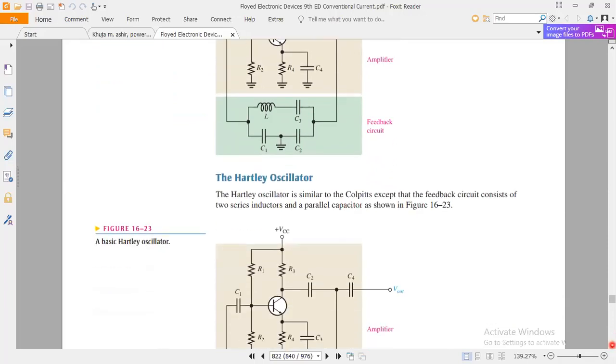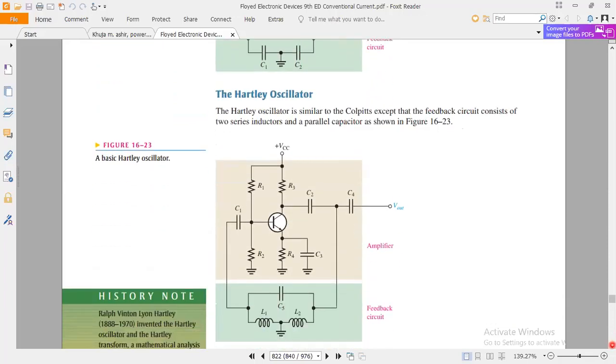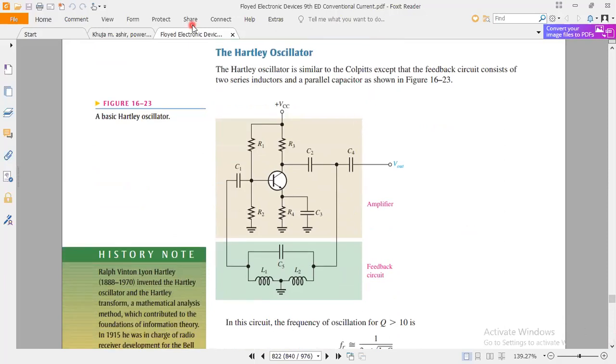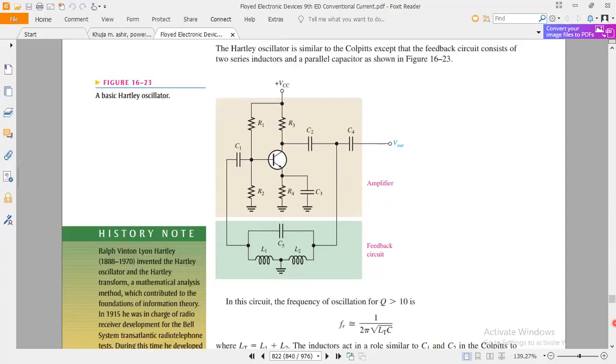Now, this will be the third and last oscillator concept, that we call the Hartley oscillator, that is made by the configuration of L and C. There is a little bit of change in the feedback circuit to make a Hartley oscillator after the modification of the Colpitts and Clapp oscillators.